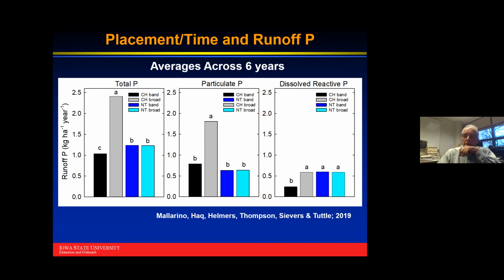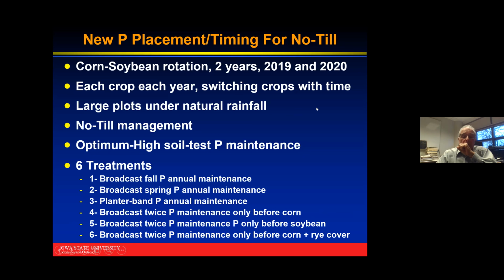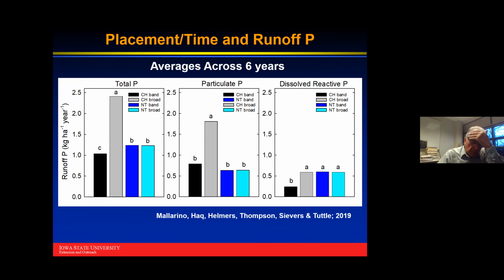So this did not help much with what many people believe, that subsurface banding should be great with no-till, because we actually found that the most reduction of dissolved P was with banding with tillage. By the way, this project was funded by the Iowa Soil and Water Conservation Commission program and the Leopold Center, depending on the year.